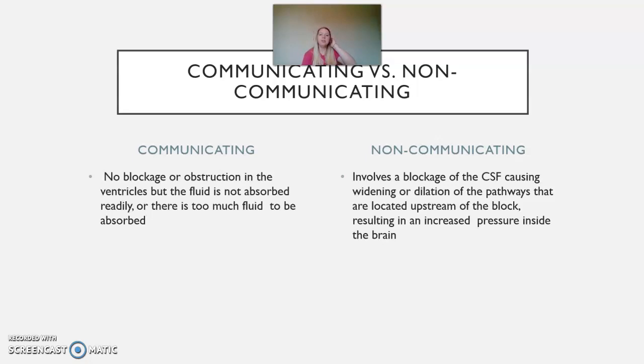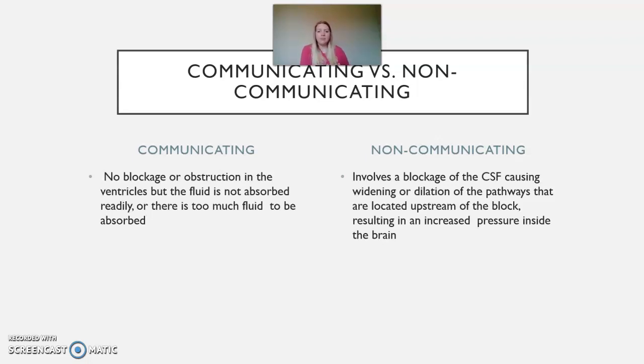Okay, so communicating and non-communicating, the differences between those. So the communicating is just no blockage, no obstruction within the ventricles, but it's just that the CSF is not readily absorbed. That means involving too much CSF and causing too much pressure.